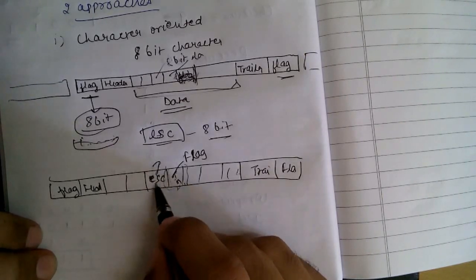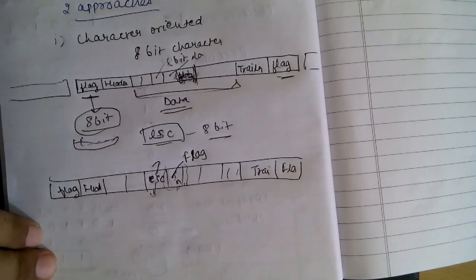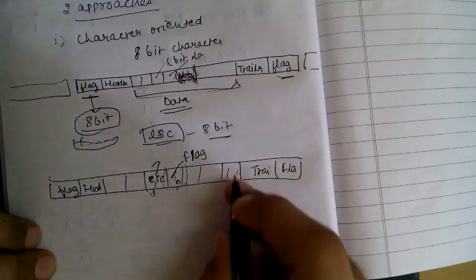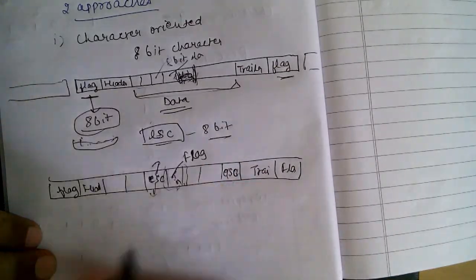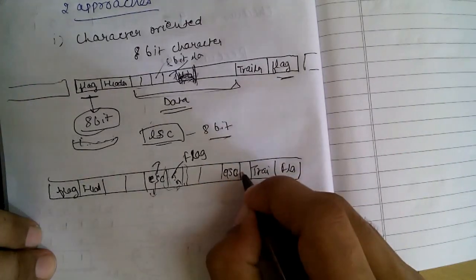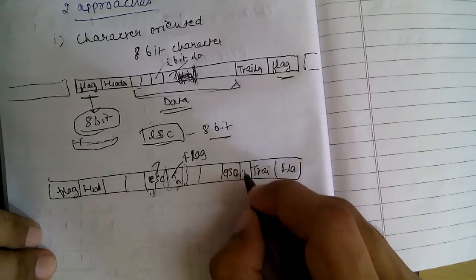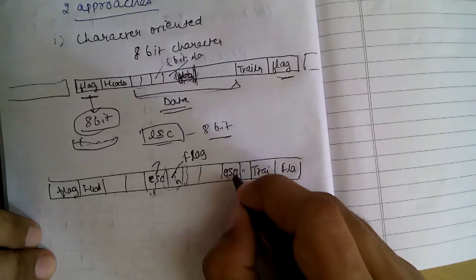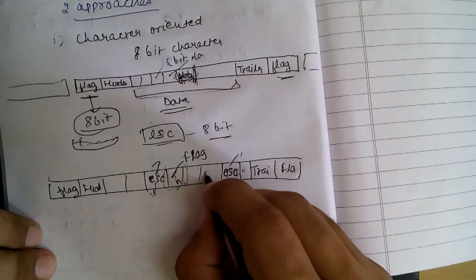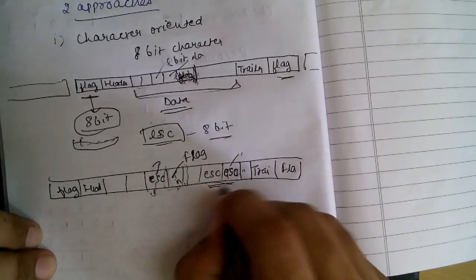But using escape arises another problem. What if escape comes in data? The receiver will think that the next thing is also escaped. So when escape arrives in data, to make it look like data, we add another escape before it.